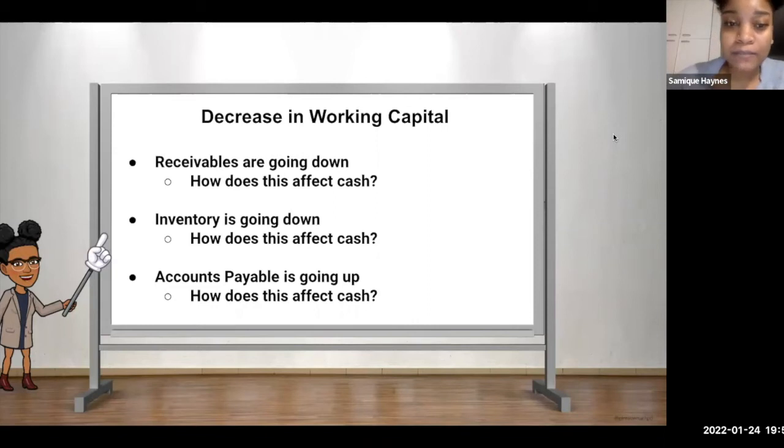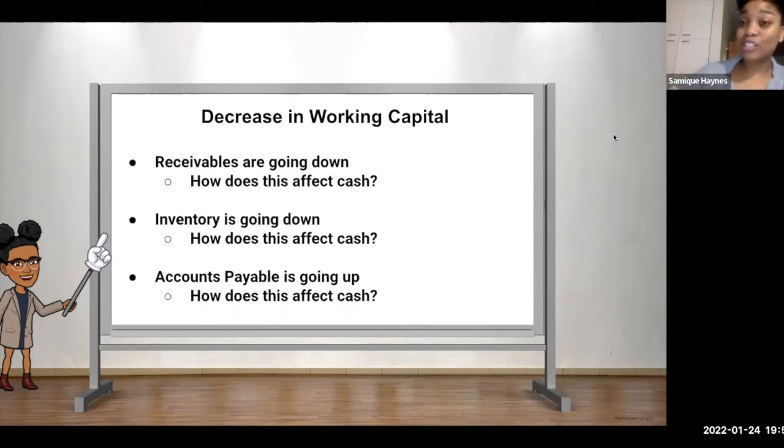Very good, coming in. Now, if receivables start going up, more people owe us. What's happening to our cash? Less cash, exactly. So whenever our receivables have gone down, are we going to add that to our net income? You remember we started with net income, and we added back the depreciation. If receivables are going down, more cash is coming in.